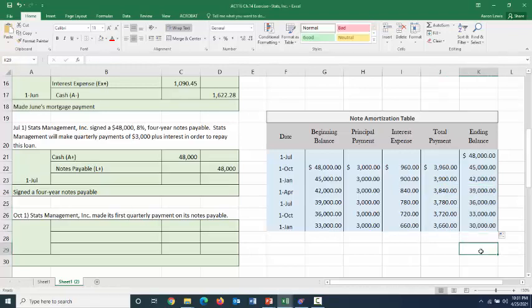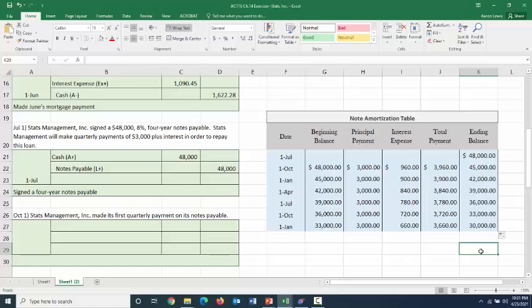Through the following January, we see that each and every period, our principal payment is going to be $3,000, but our interest expense keeps dropping by $60 each time because the amount that we owe debt on is always going to be $3,000 lower with each payment. And our total payments are going to keep getting smaller and smaller. This is a descending payment schedule.